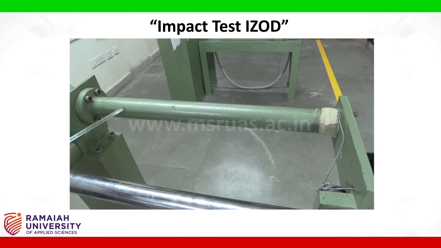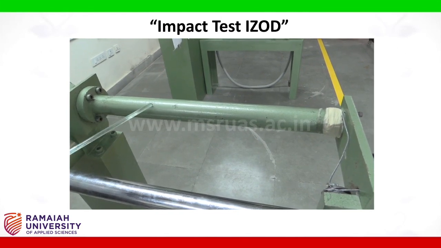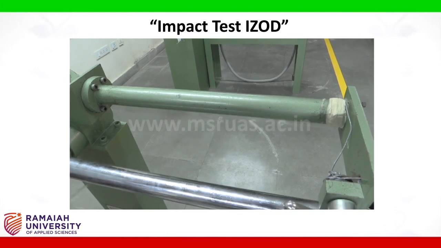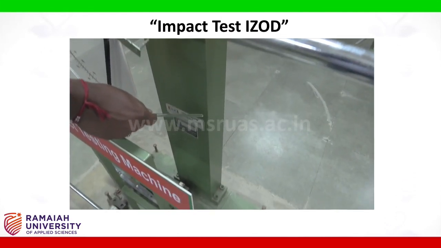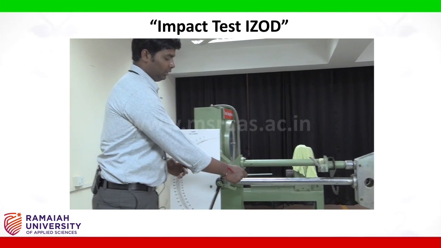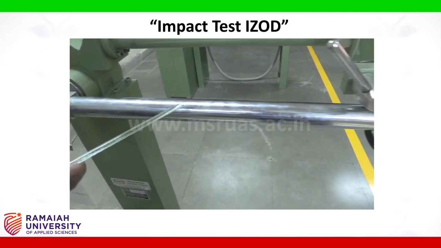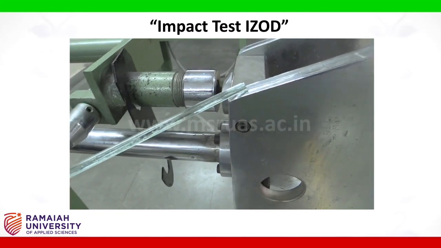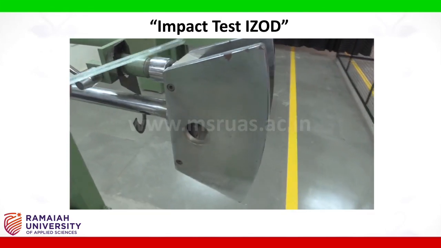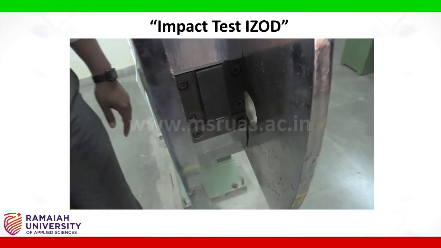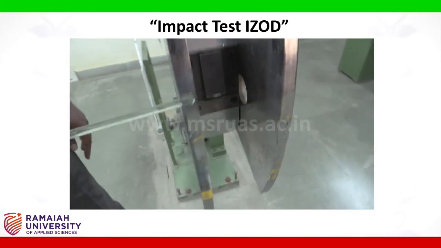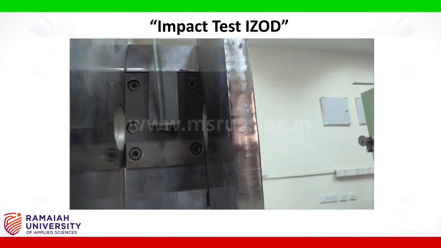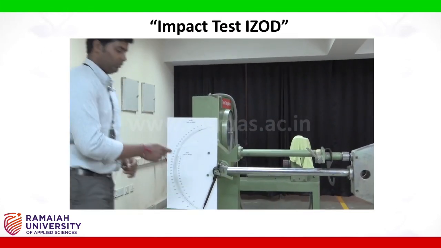For this Izod test, this pendulum holder has to be fixed at 90 degree with respect to vertical support. Pendulum tube, hammer. For the Izod test, hammer has to be attached with striker of flat edged dial.